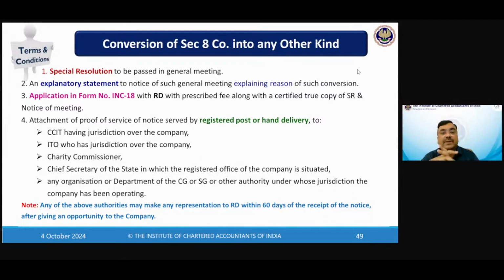Now, conversion of the company into any other kind. Conversion of a section 8 company into any other kind of company. What are the terms and conditions? Important.